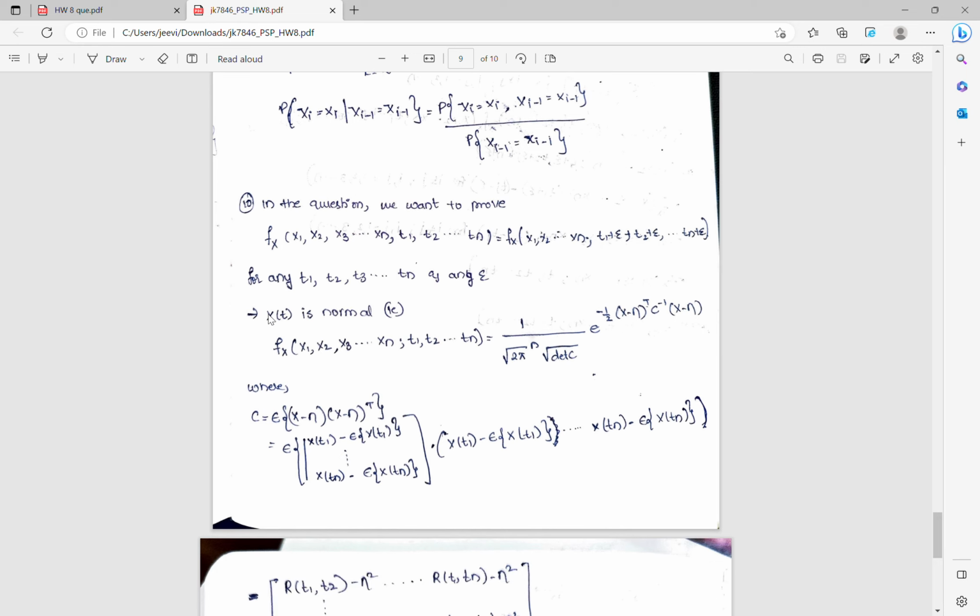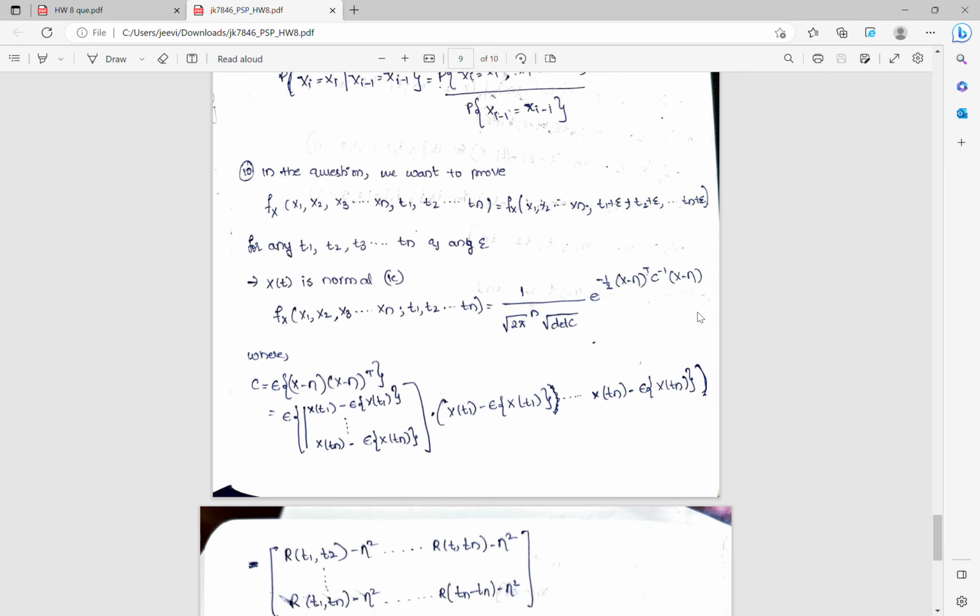It is given that x of t is normal, that is fx of x1, x2, x3 and so on xn, t1, t2 and so on tn is equal to 1 by root of (2 pi) power n into det C into e power minus 1 by 2 (x minus eta) power T C power minus 1 into (x minus eta), where the value of C will be equal to the expected value of (x minus eta) into (x minus eta) transpose.